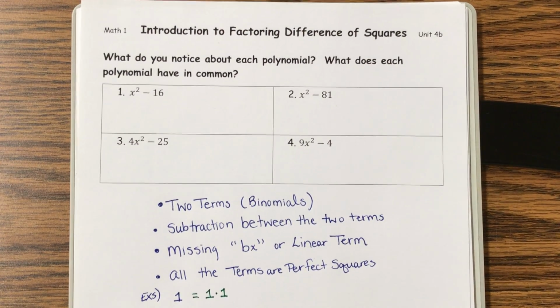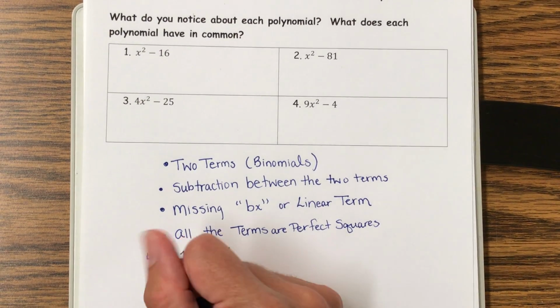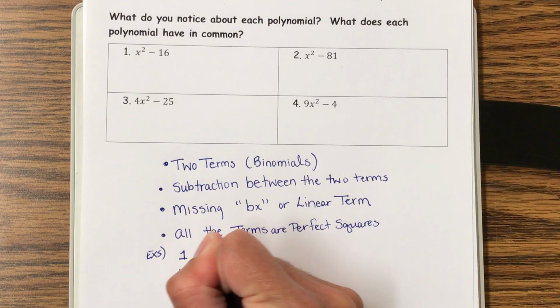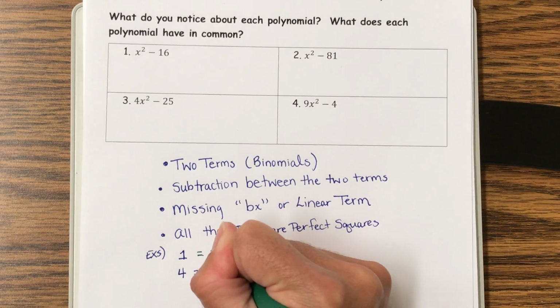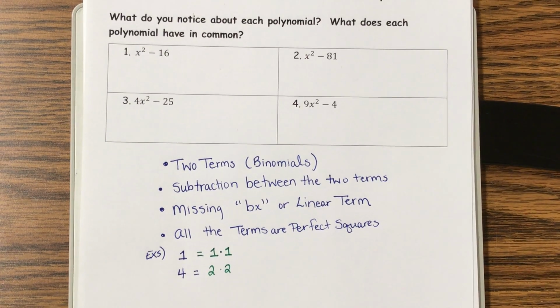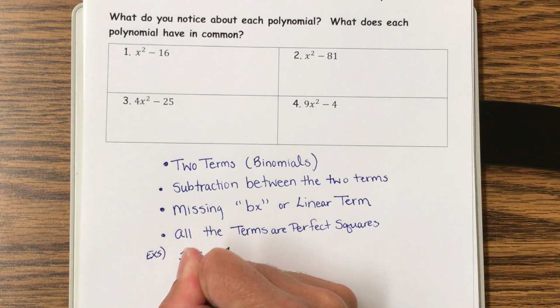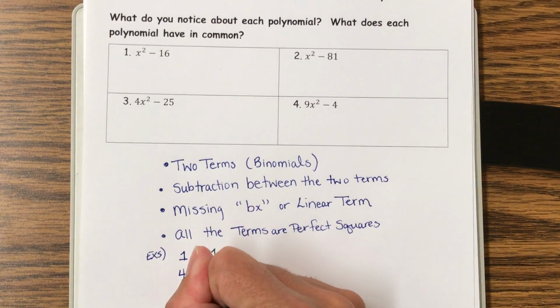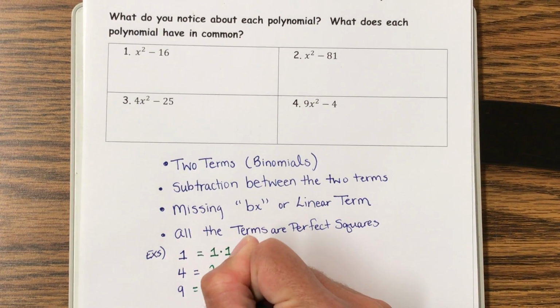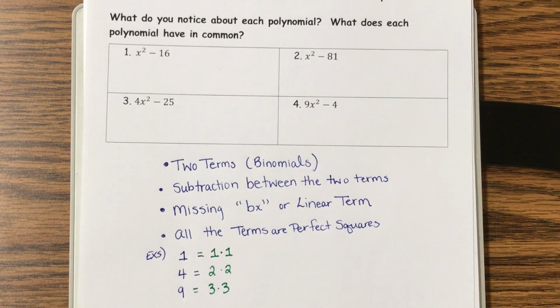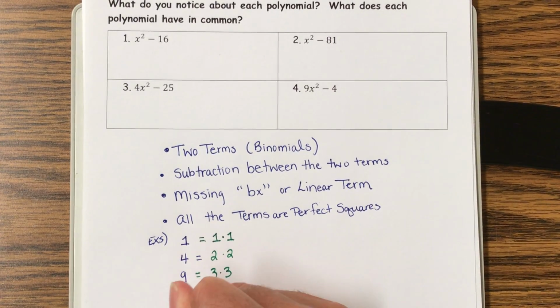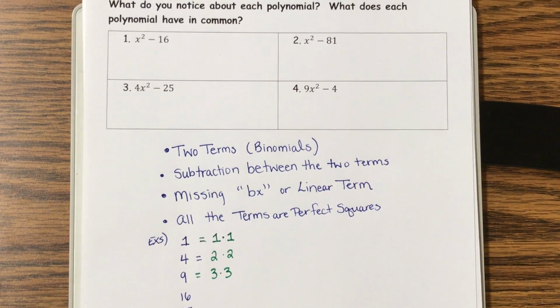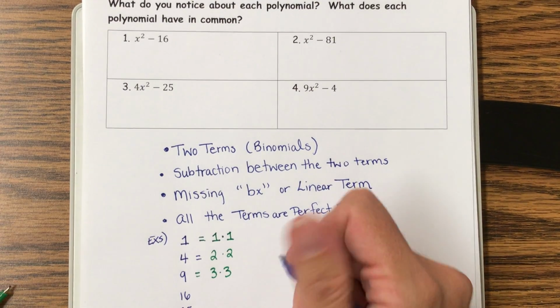The next perfect square that you have is 4. 4 is a perfect square because 2 times 2 gives you 4. Next would be 9 because 3 times 3 is 9. And so you can go on down the list. 16, 25, after 25 would be 36.